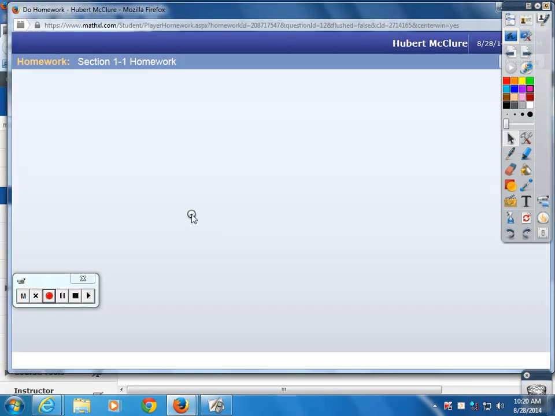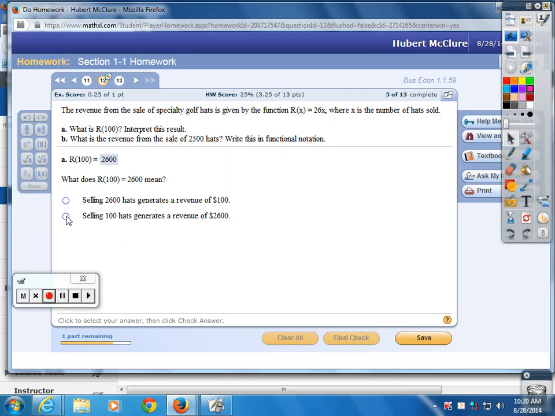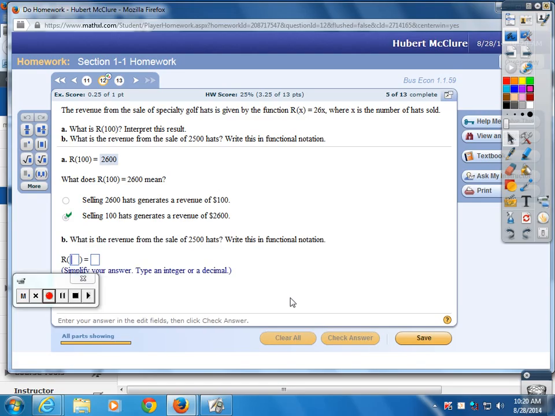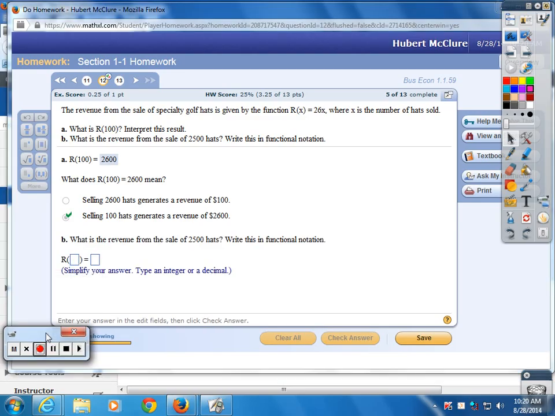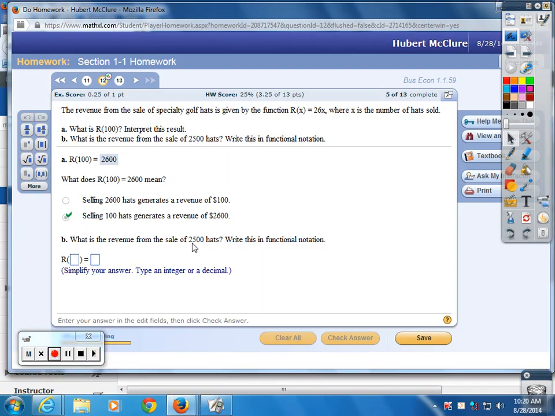All right, selling 100 hats generates. Okay, here we go. What is the revenue from the sale of 2,500 hats? Well, that'd be 2,500, and that's going to be equal to 65,000.